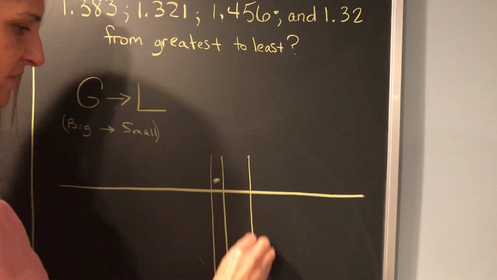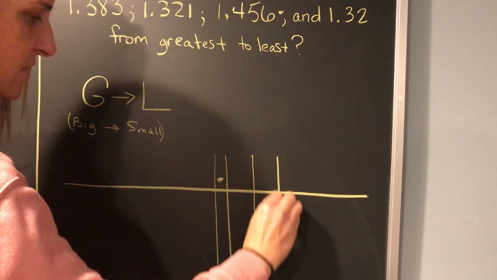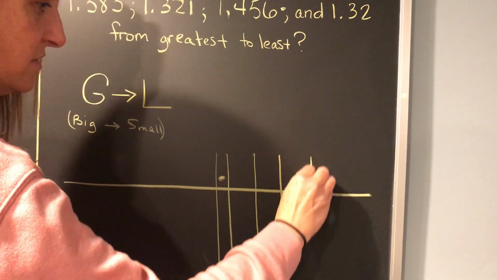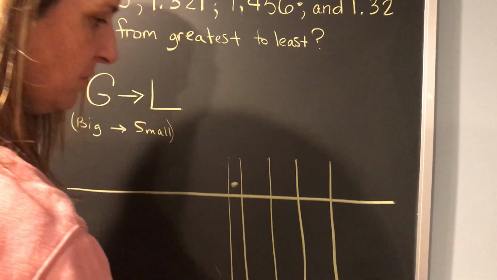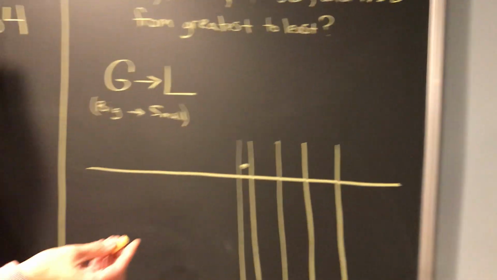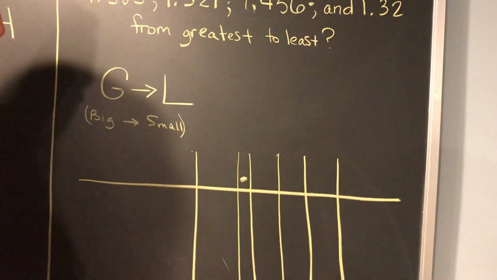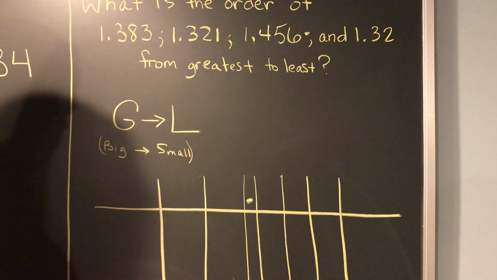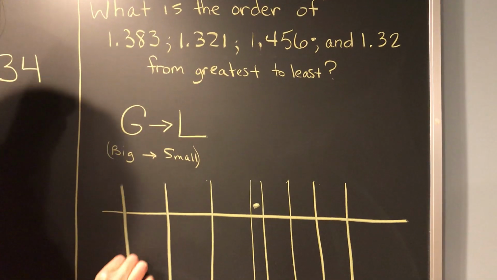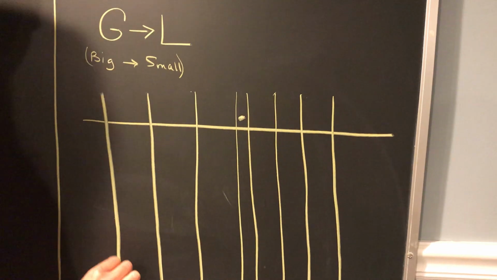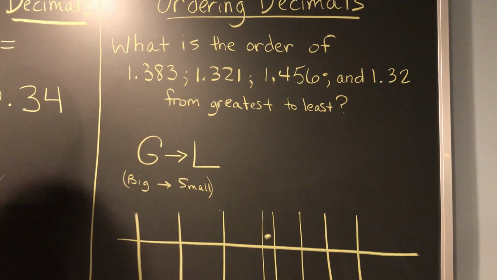This would be the tenths, the hundredths, the thousandths, and I'm going to leave a spot for some numbers. Over here we've got our ones, tens, hundreds. Depending on how big the number is, you can make that longer, but we don't really have to. We've got some smaller numbers.